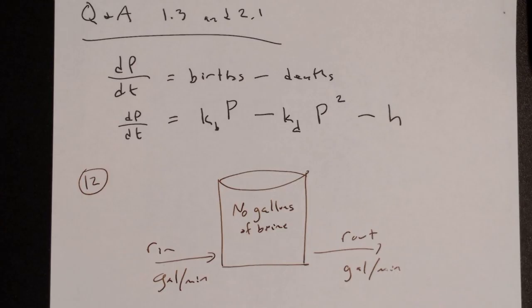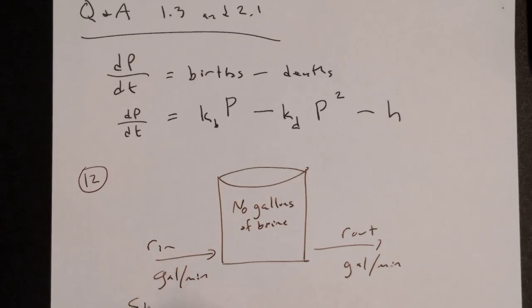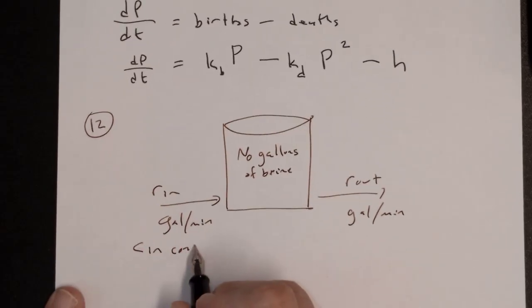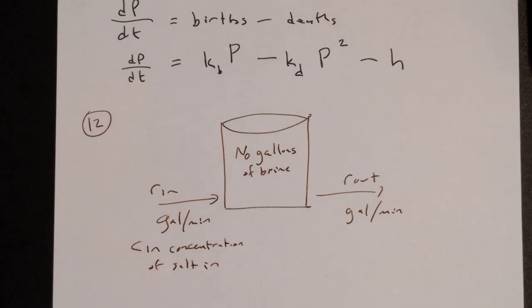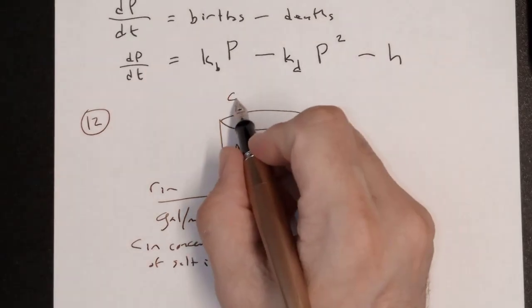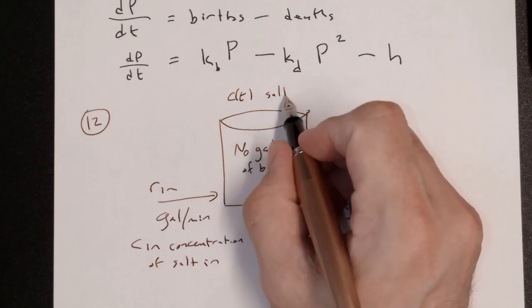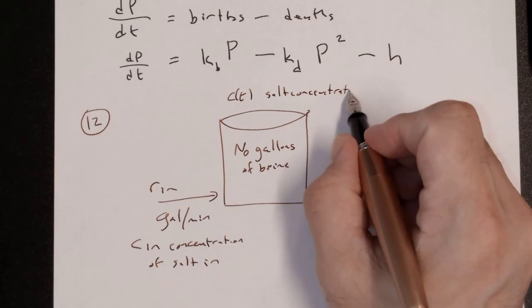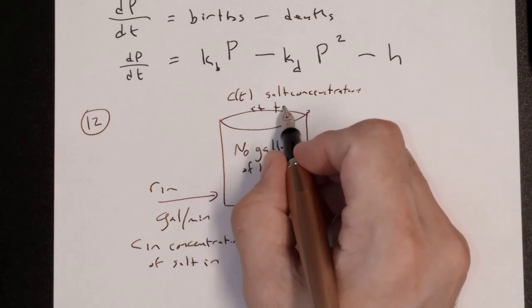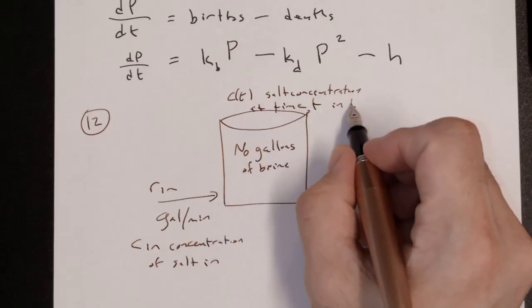C in is the concentration of the salt going in. C in, concentration of salt in. C of T is the concentration in the tank. C of T, salt concentration at time T in tank.